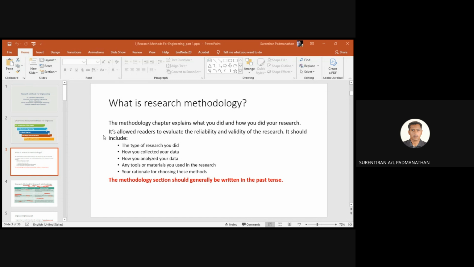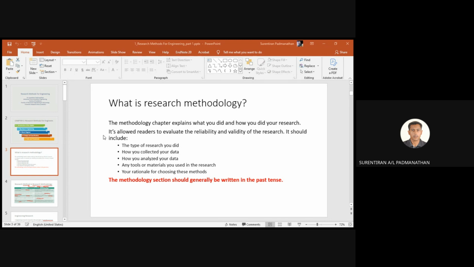So when you do a project, after coming out with the objective, you have to come out with your research methodology. What kind of methods do you want to use to achieve the objectives? This method is suitable to achieve objective one, or you want to use a different method to achieve objective one.